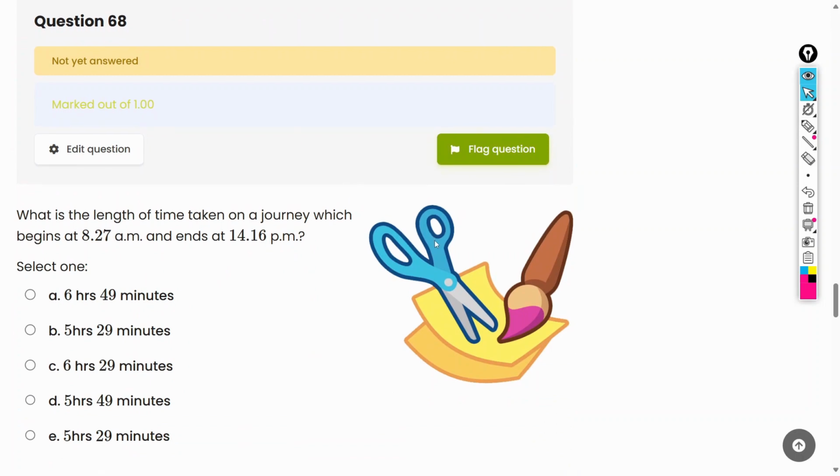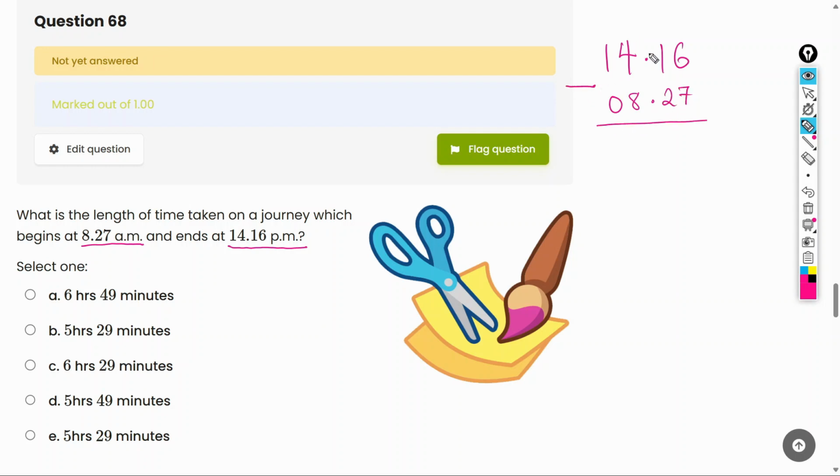Question 68. What is the length of time taken on a journey which begins at 8:27 a.m. and ends at 14:16 p.m.? So this is 14:16 hours, 8:27 hours. So we can subtract. We are subtracting.